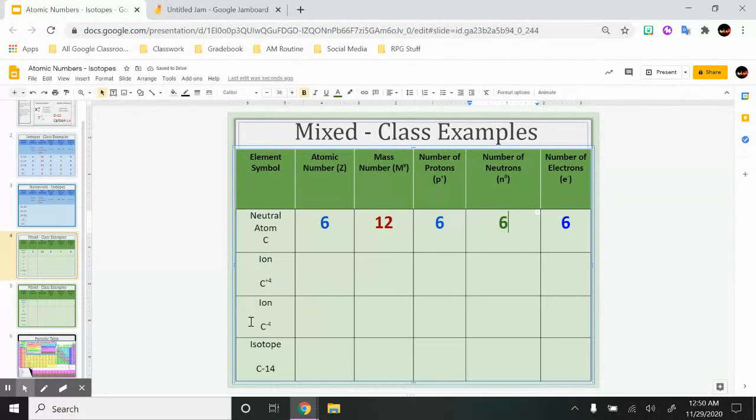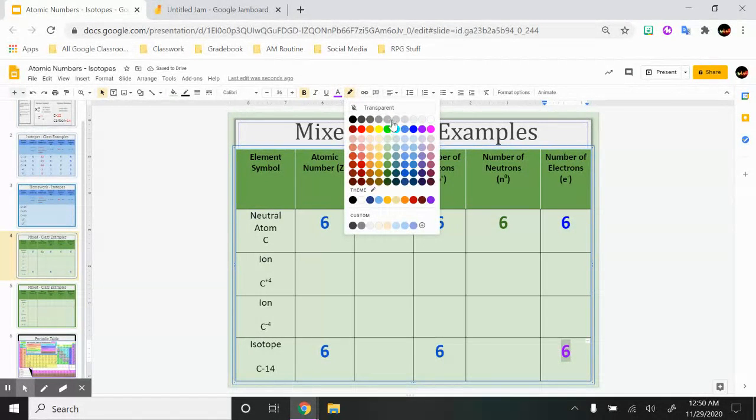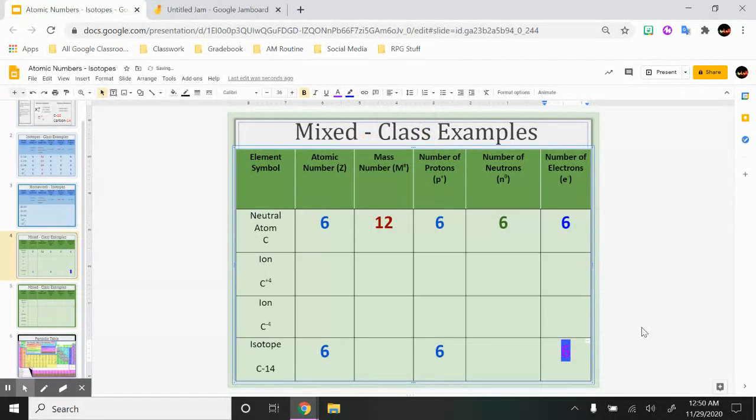Now we're going to skip the ions for a minute. Let's do the isotope next. So in the isotope, it's still a neutral atom. It's still carbon, so the atomic number is going to be 6. The protons are going to be 6, and the electrons are going to be 6. Okay, they're all neutral atoms for isotopes.